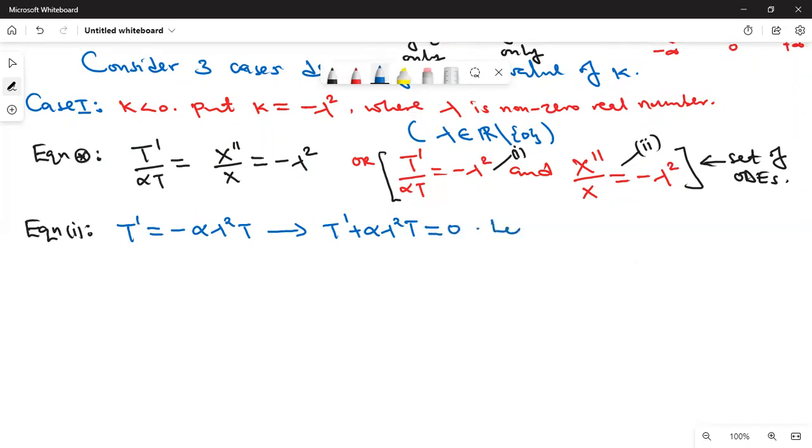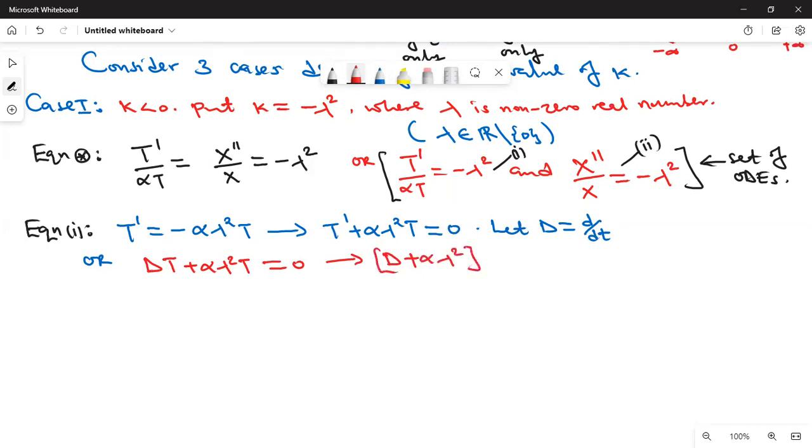So if I let d be equal to the derivative with respect to t, I'll get d operating on t plus alpha lambda squared t is equal to 0, of which t is common, so we can write this as d plus alpha lambda squared operating on t should give us 0.